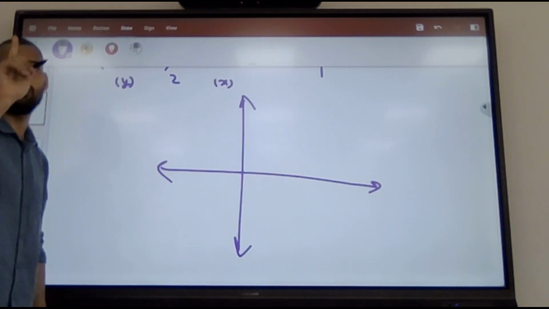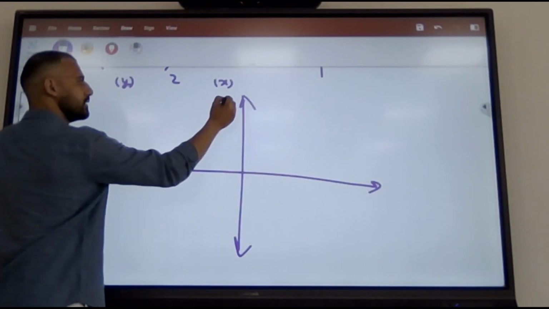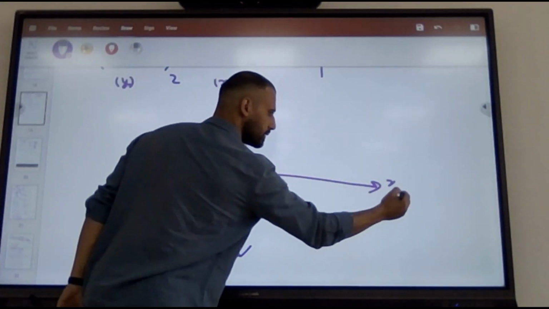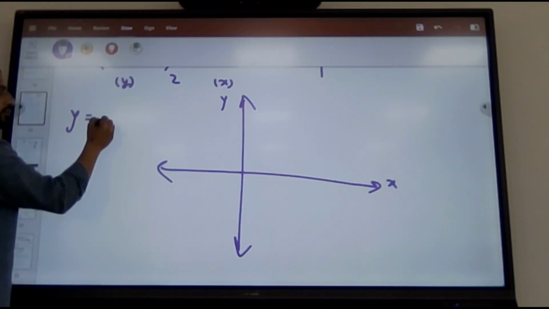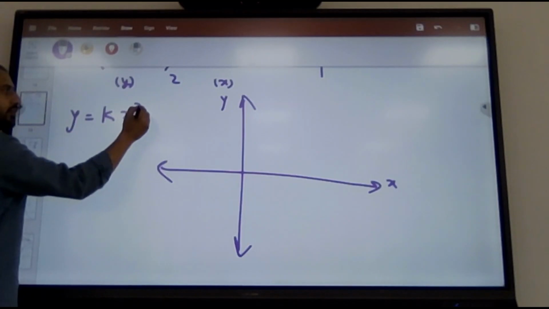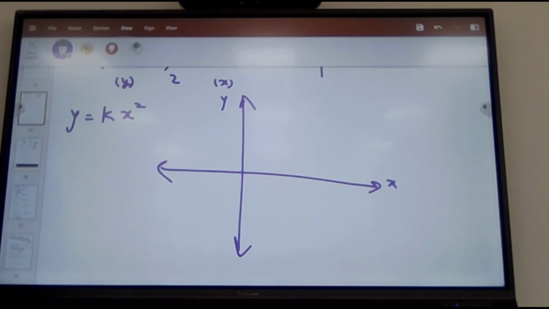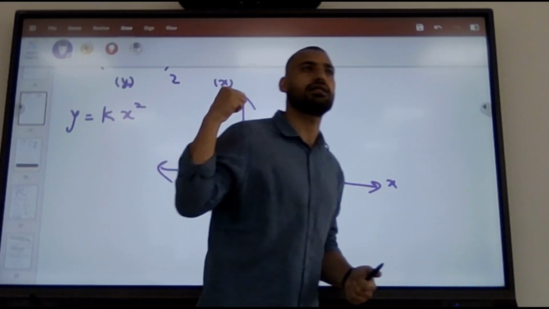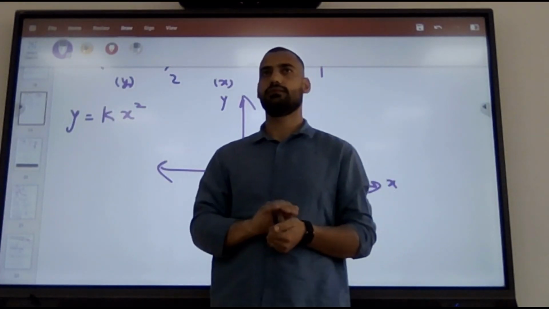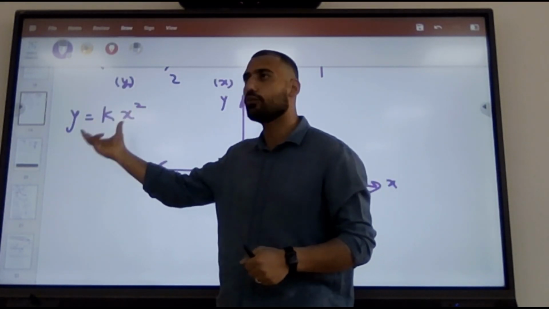Now see. The first kind of parabola, say for example, this is the y-axis and this is the x-axis. The first kind of parabola is if y is equal to some constant times x squared. Okay? So how do you know among the 4 what kind of parabola is this? Can anyone tell me? How will this parabola look like?